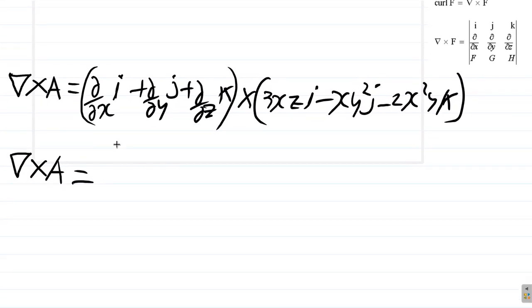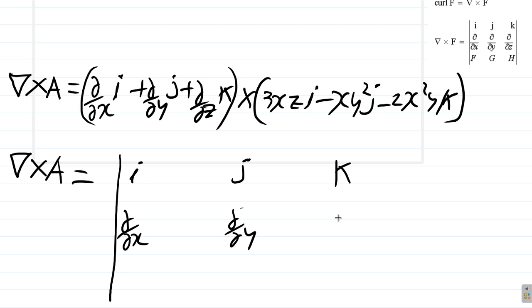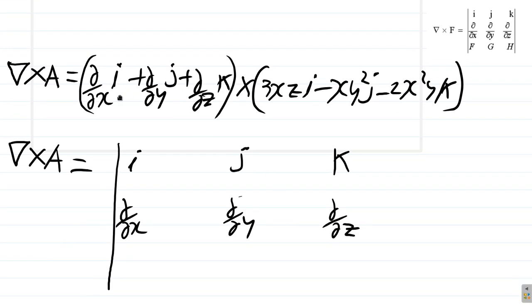So row 1 will contain the directions i, j, and k. Row 2 will contain del, which is partial by partial x, partial by partial y, partial by partial z. That's the coefficients of the directions from the vector on the left.